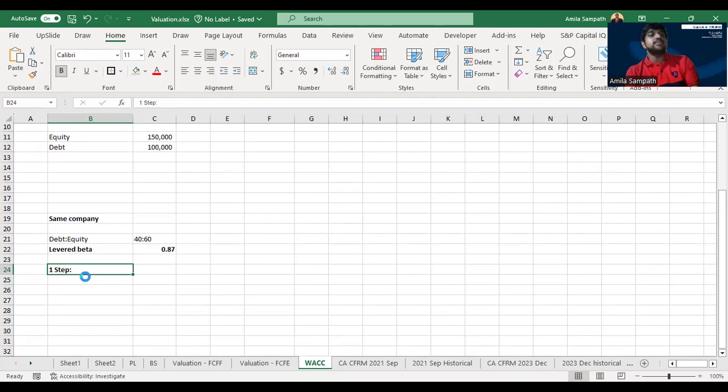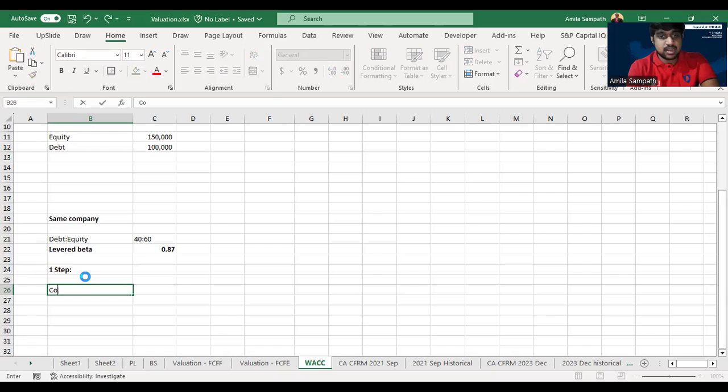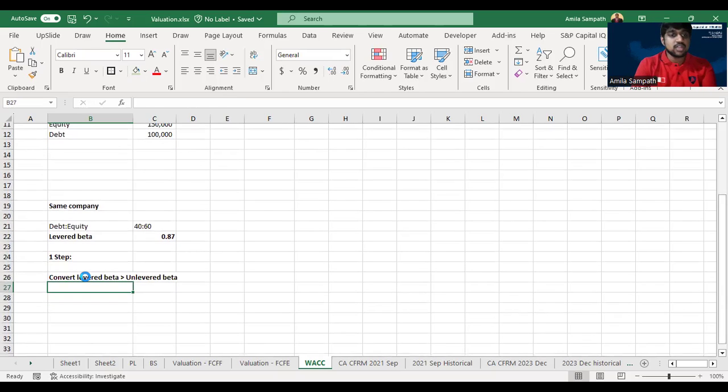We have the levered beta for the comparable company, so we need to convert this levered beta into the unlevered beta, that means beta that is not affected by the financial leverage.